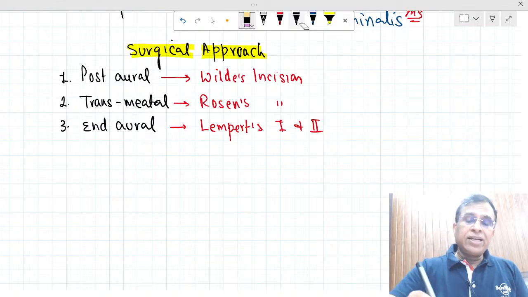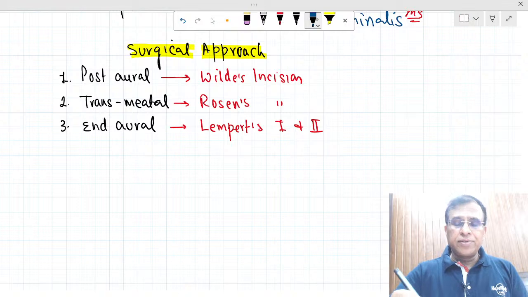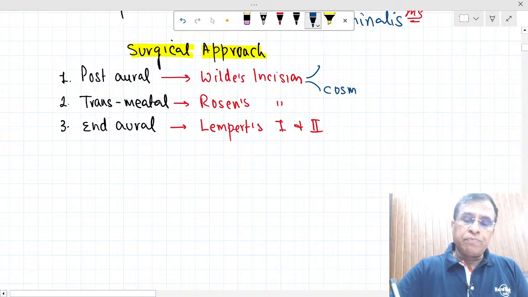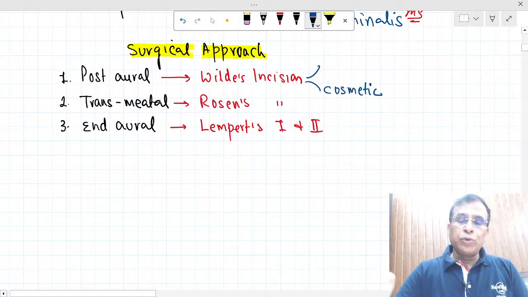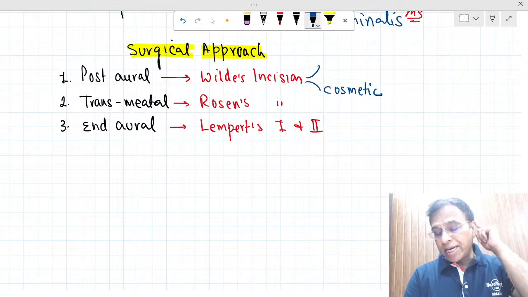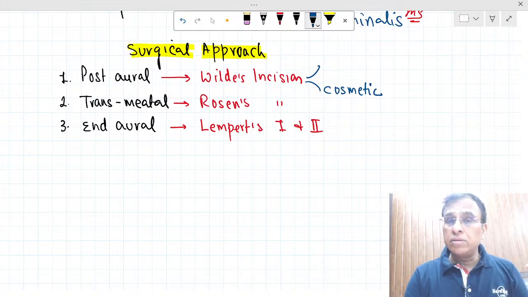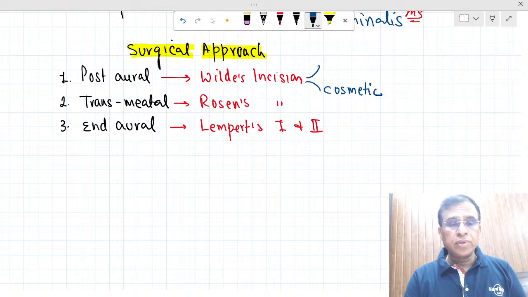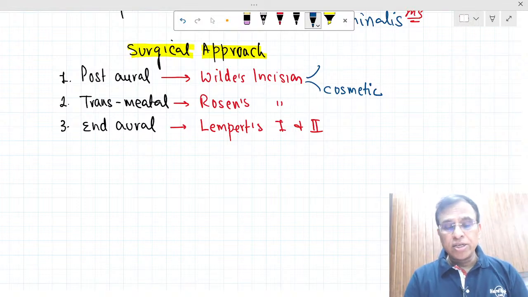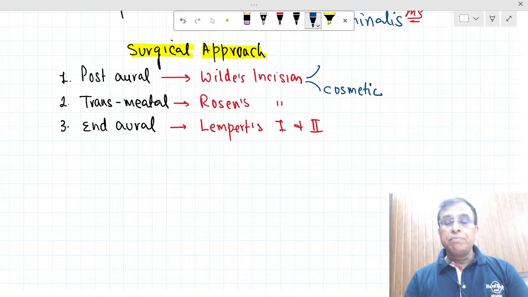Now, when I talk to guys in the face-to-face class, most people say that it has a lot of cosmetic importance, which is actually true, because as the name tells you, post-aural, the incision is behind the pinna, and so you cannot see the scar of this incision after the surgery, and the hair also grows over it, so it hides the scar. So cosmetically it is very good, but that is not the main advantage. This is the second best advantage.